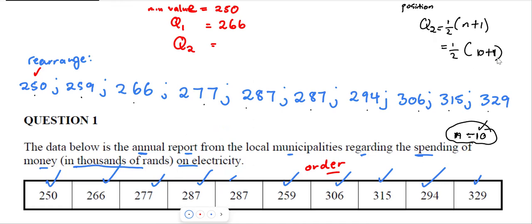That was going to give us 5,5. As we can see, we are dealing with 0.5. So the 5,5 here, 0.5 here, that's in between.